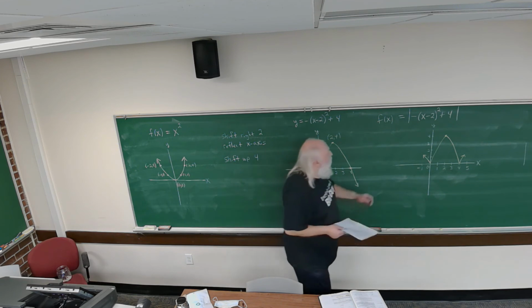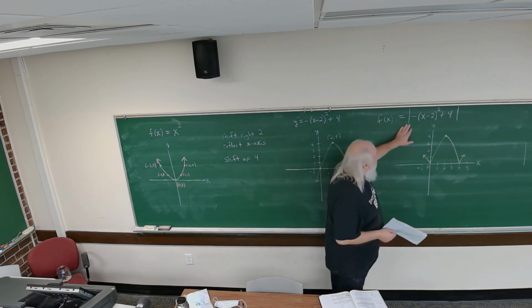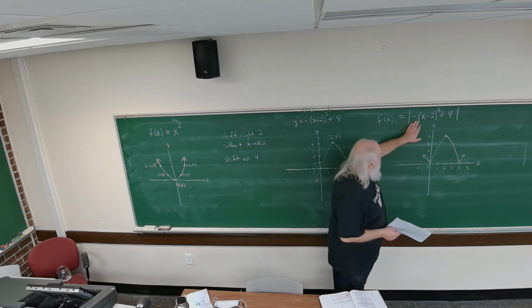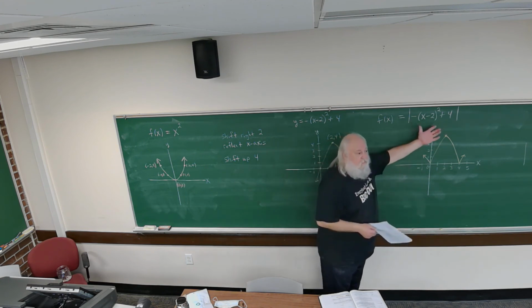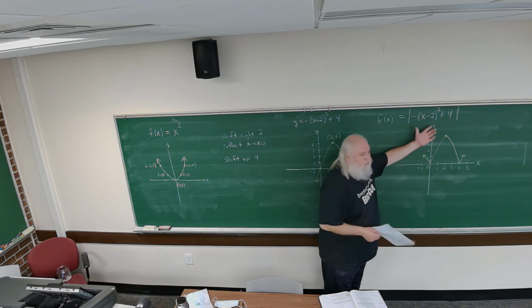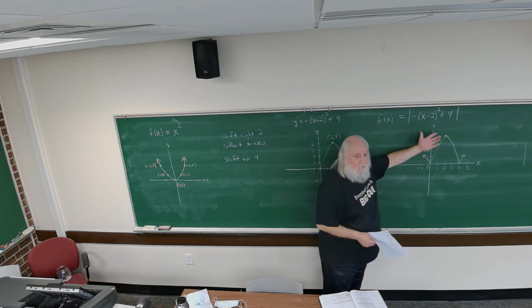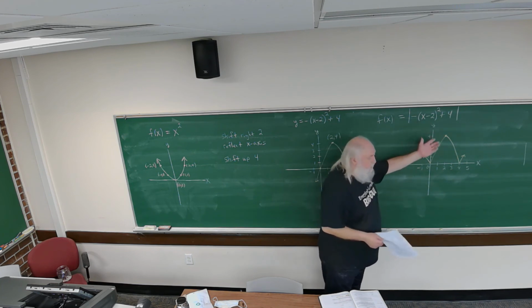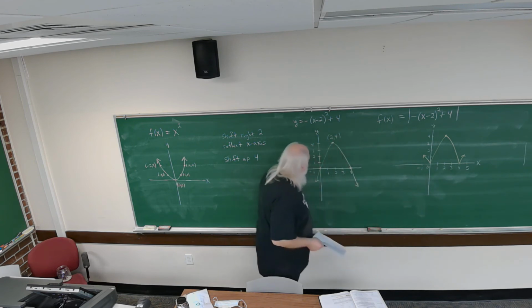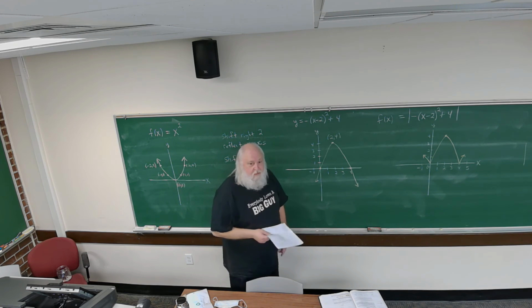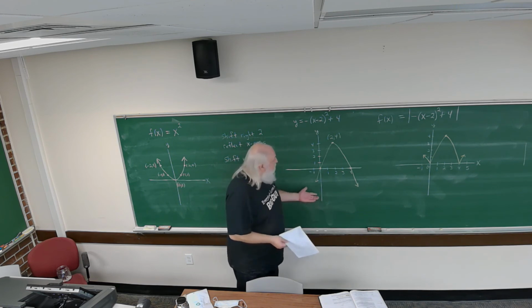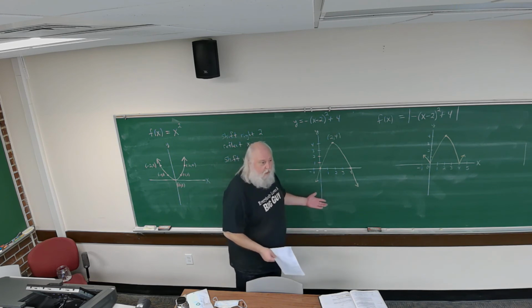But now what we want to graph is the absolute value of minus x minus 2 squared plus 4. And absolute value takes any function value that is negative and makes it positive. Okay? The absolute value of anything is positive. So these parts of the graph that are below the x-axis have negative function values, negative y values.